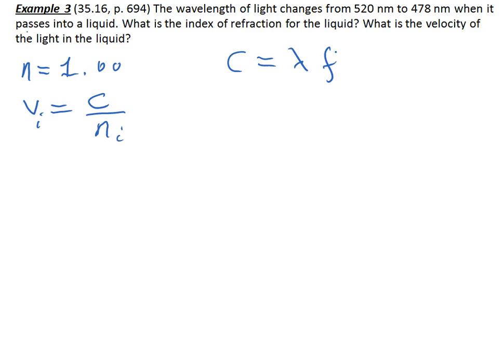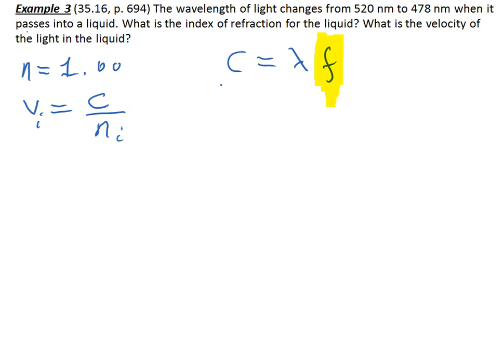When light enters a medium, the one thing that never changes is the frequency. So the frequency is constant, and the two things which do change are the wavelength and the velocity. So we're told that the wavelength of light changes, and therefore the velocity changes to compensate.